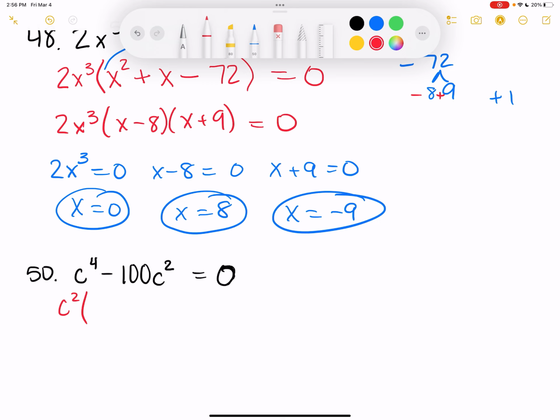Okay, c squared, and then minus 100. Now what? Arch method? No, you can't do that.